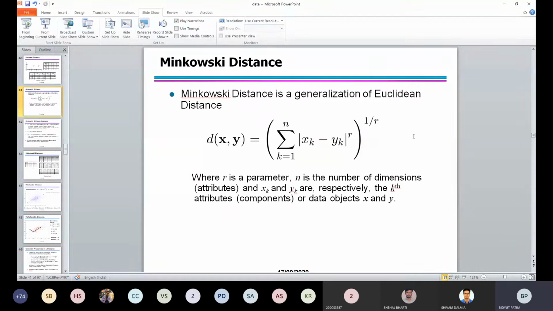So suppose you have 10 dimensions. Wherever the difference is maximum, that will reach infinity much faster than all the other terms. Therefore, while computing the distance between two objects, wherever you get the maximum difference across the dimensions, that will be the L infinity norm.